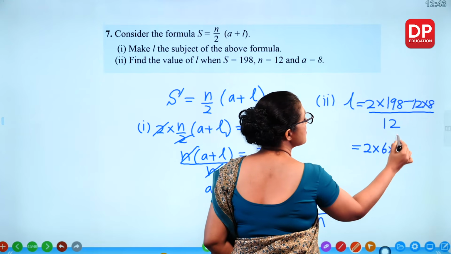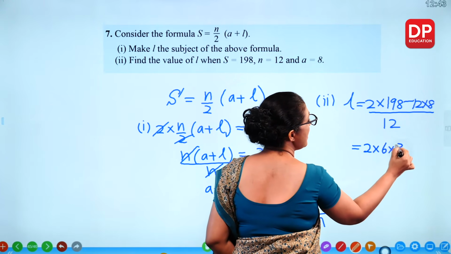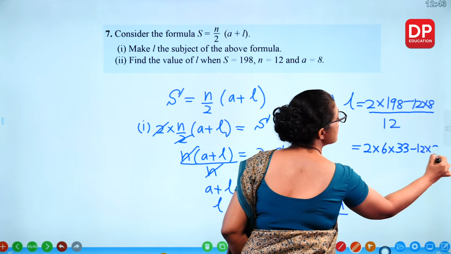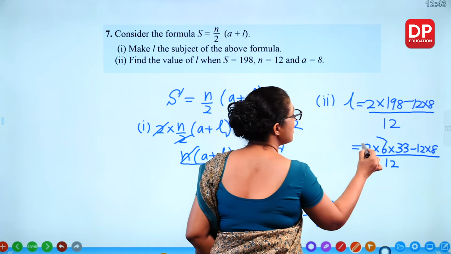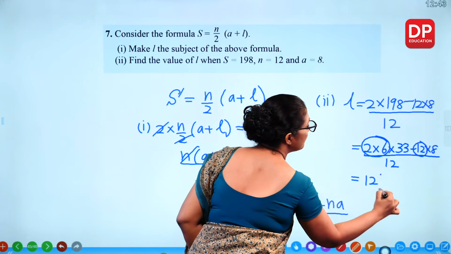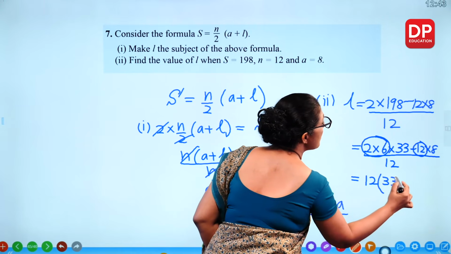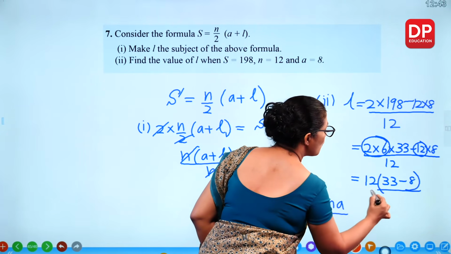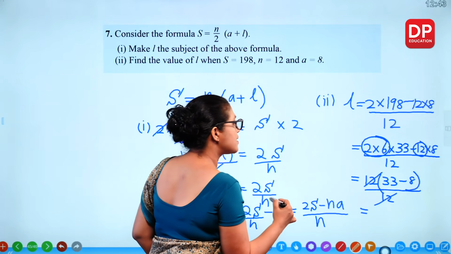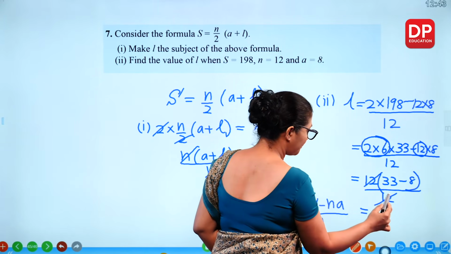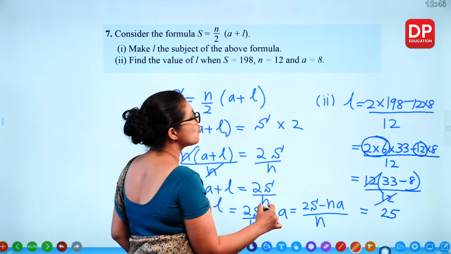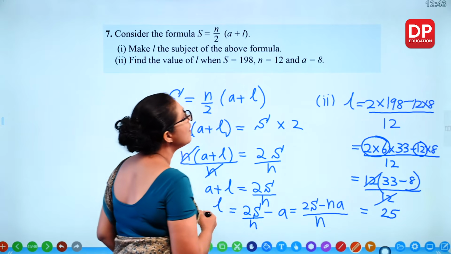What's that? 6 times 3, 18 and 3, 80. 12 times 8 over 12. Now can you see 12 is a common factor. I can take it out. You get 33 minus 8 over 12. 12 gets cancelled out. So 33 minus 8. What's the value? 25. So 25 is the answer for L.